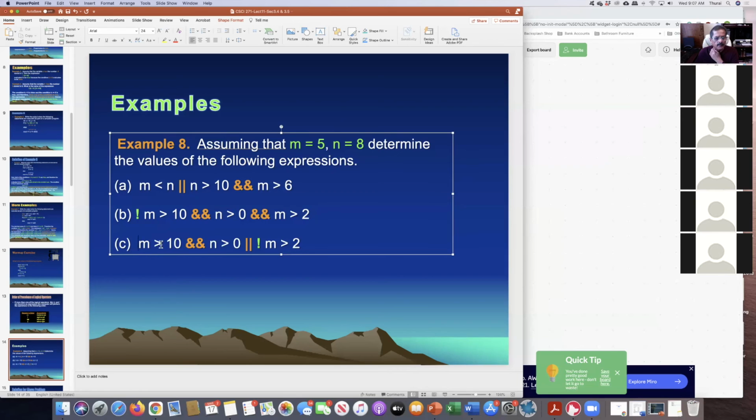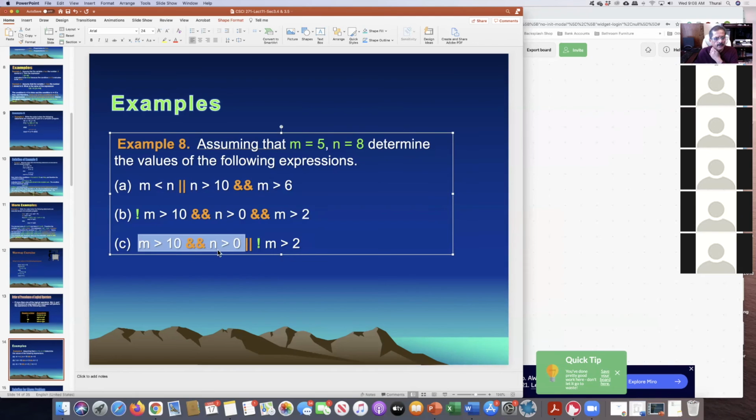This AND operator will be done first because AND is done before OR operator. The NOT operator is first, but that's not going to make any difference. But let's do that. M greater than 2 is true and not m greater than 2 is false. But the next operation is not OR, it's going to be AND.